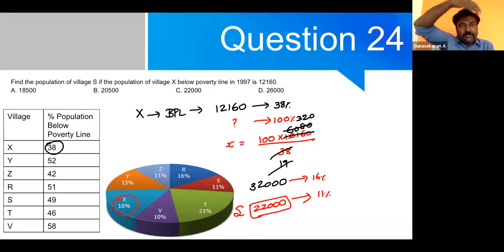Now BPL is given, from that X population, from that S population. Reverse engineering. So everything is 100%. First 100% is total population of X. Second 100% is total population of district. So you should not get confused with both. That's my point.